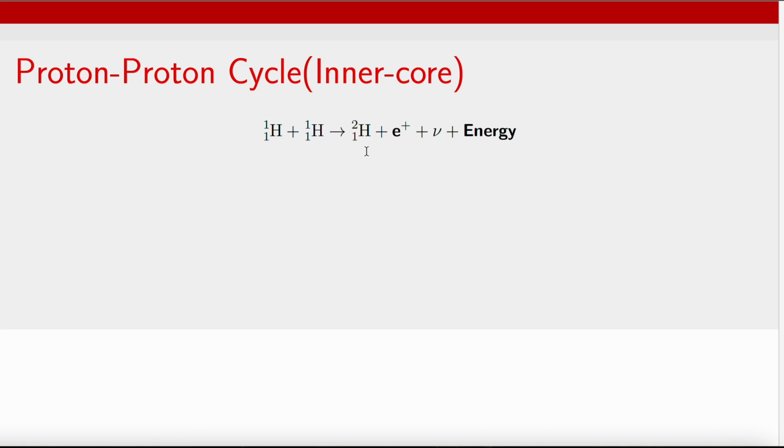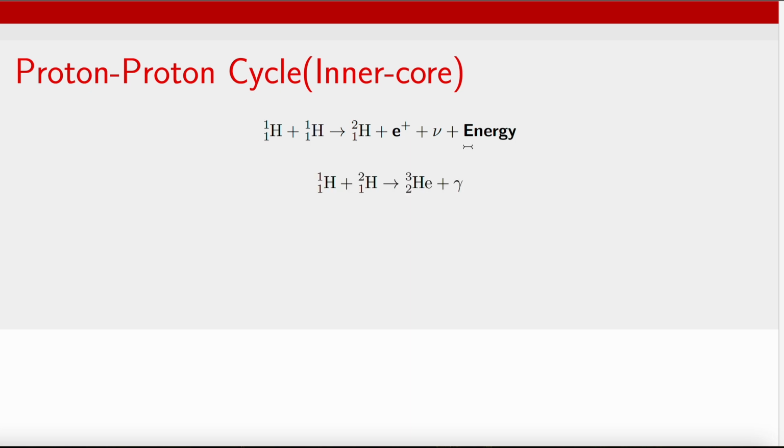In this slide we are going to see the proton-proton cycle which powers the sun. So here we have 1H1, this is the proton. Two protons fuse together because of this high temperature to form a deuterium, and you have a positron, a neutrino, and kinetic energy.